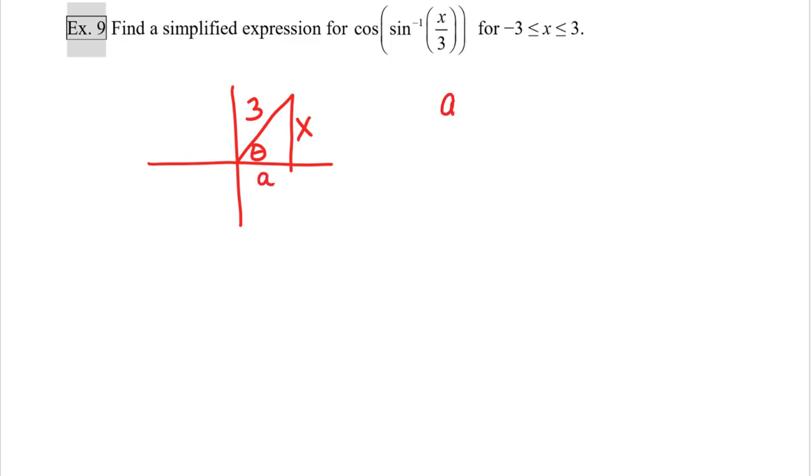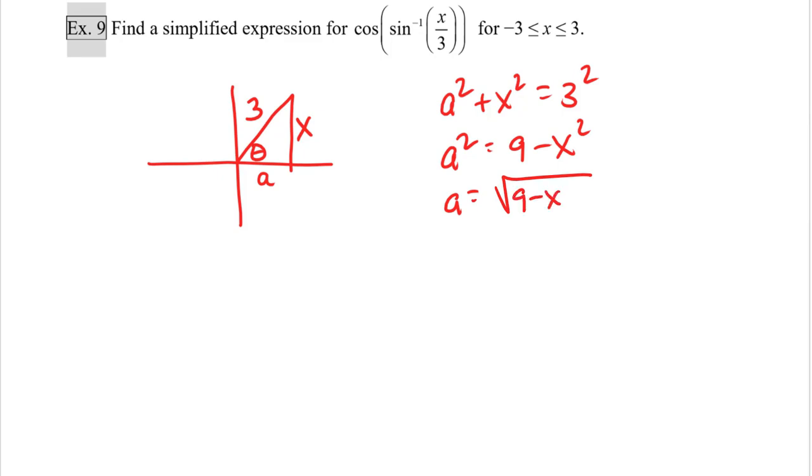I know that a squared plus x squared is equal to 3 squared, or a squared is equal to 9 minus x squared, which means a is equal to the square root of 9 minus x squared. So I'm going to call this side the square root of 9 minus x squared.